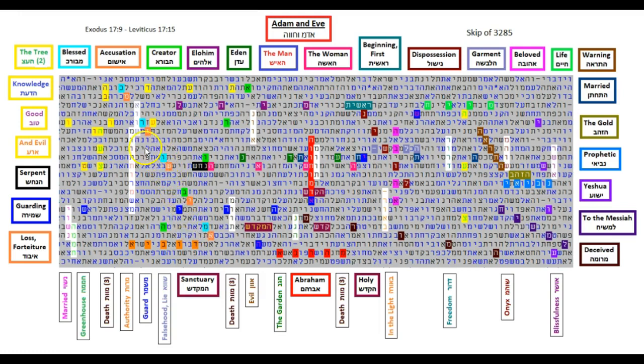Mem, Bet, Wa, Resh, Kaf, and they were in a state of blissfulness or happiness, and that's over here in the white with the purple lettering. And they also had freedom, and freedom is right here, going up.